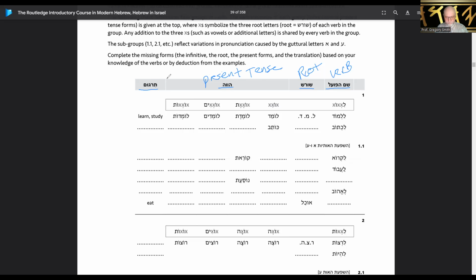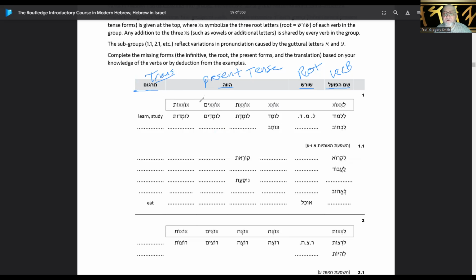Tirgum. Okay, translation. Still having a little bit of trouble with this pen.